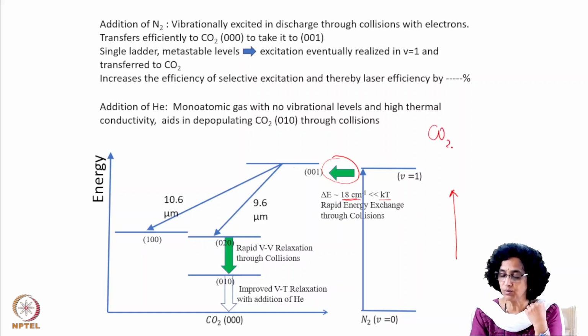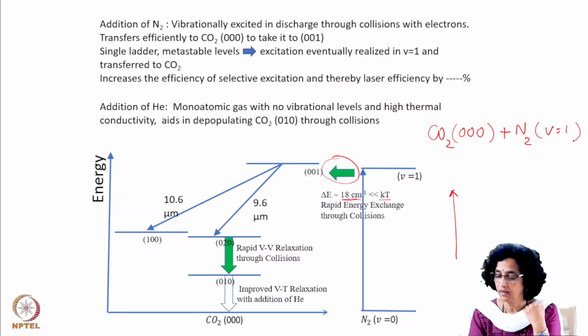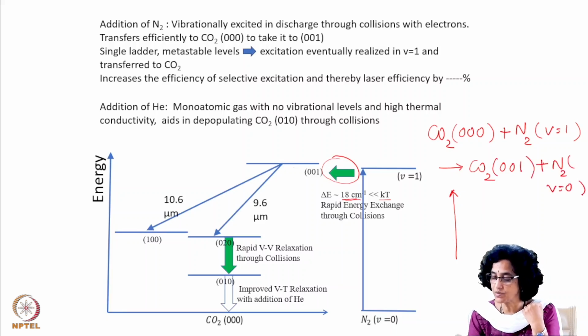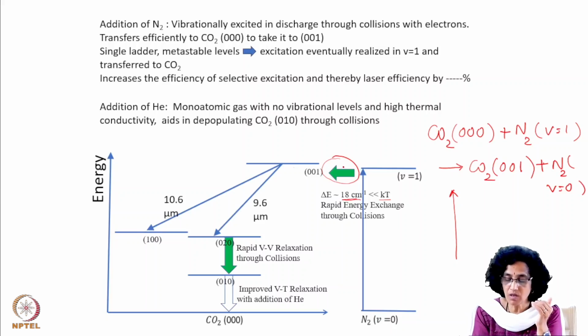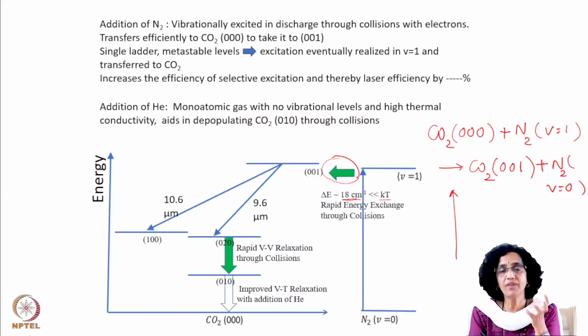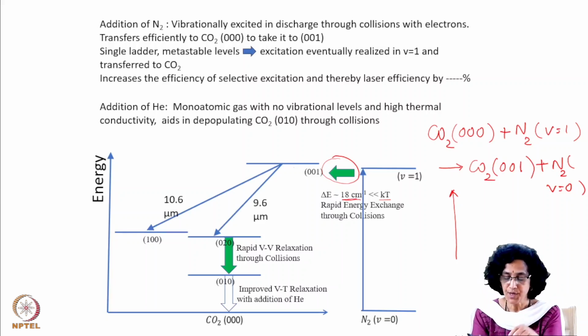That means CO2 000 plus N2 V equal to 1 will lead to CO2 001 plus N2 V equal to 0. And this is very, very efficient because the energy involved is very small. It can be just taken from the ambient. So the energy involved is very less and these energy levels are very close.